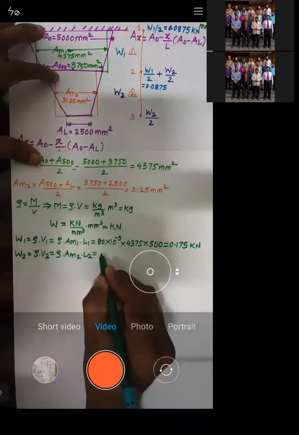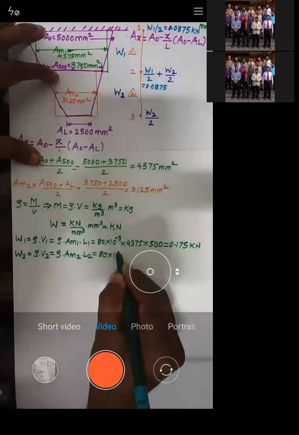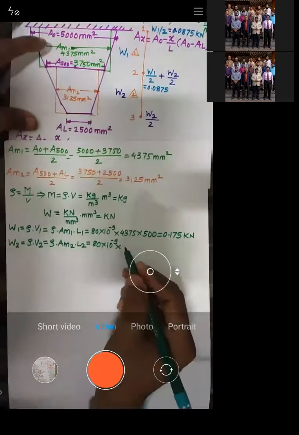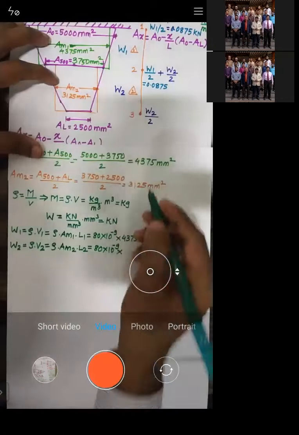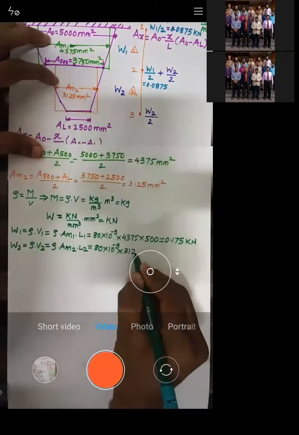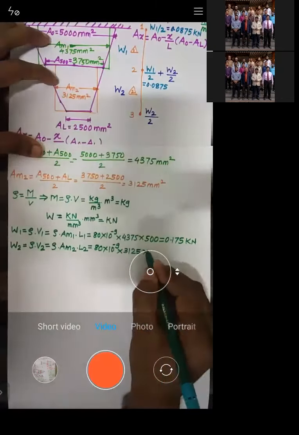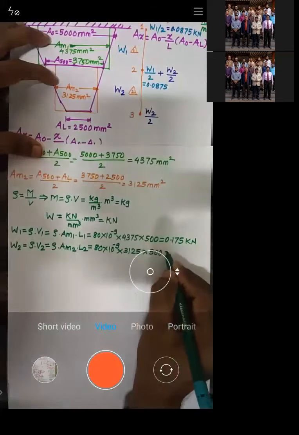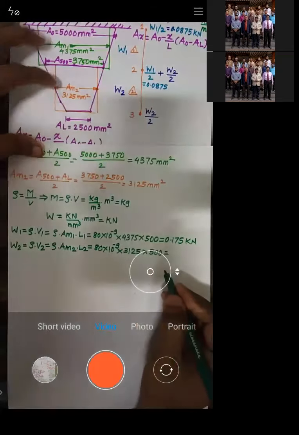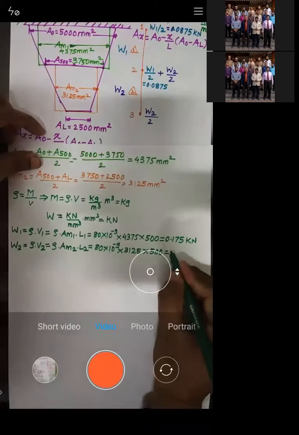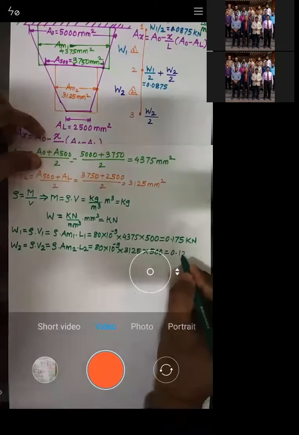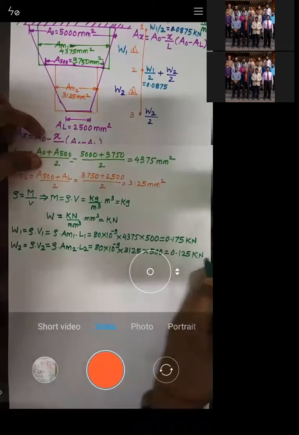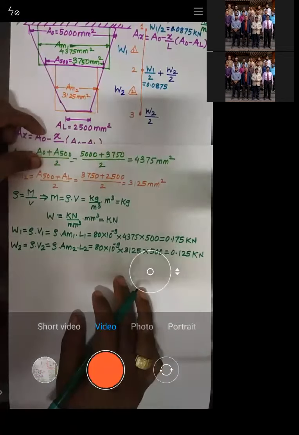So see, density, it is 80 into 10 raised to power minus 9. And into its mean area, it's 3125. Into length, it's 500, right? So see, this is coming to be 0.125 kilonewton. This will come as 0.125 kilonewton, right?